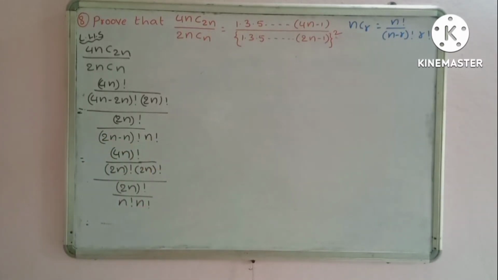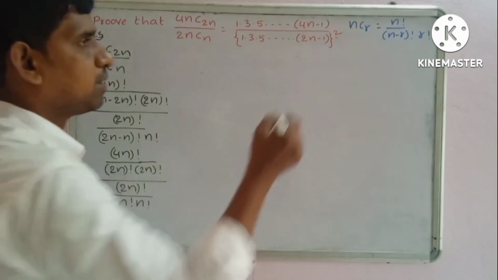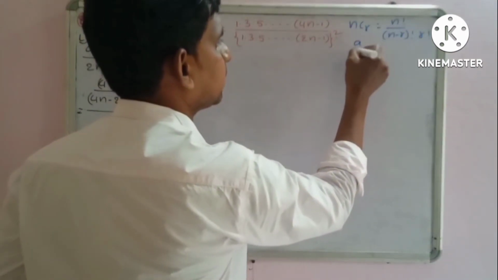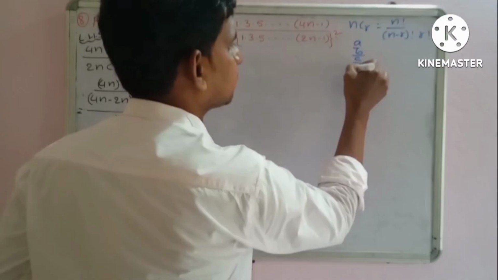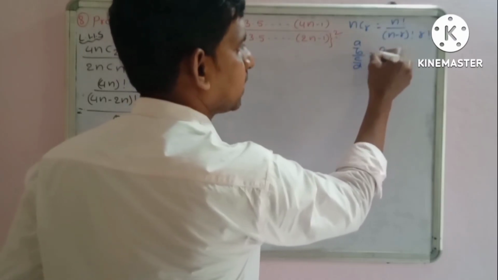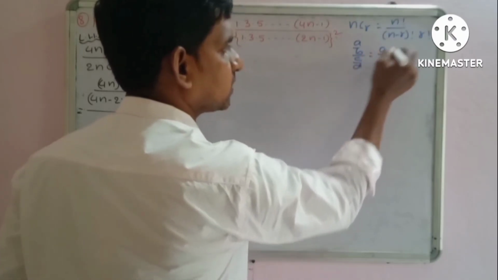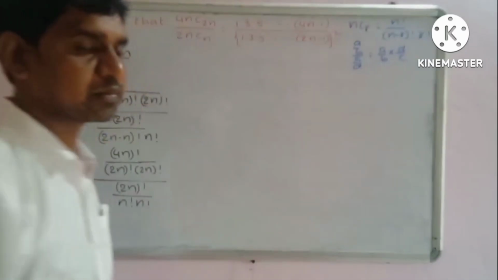See another formula: a by b divided by c by d. What is the formula? a by b times the reciprocal of c by d, which is d by c.